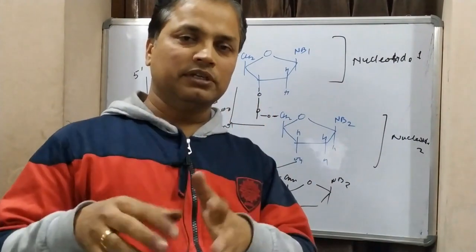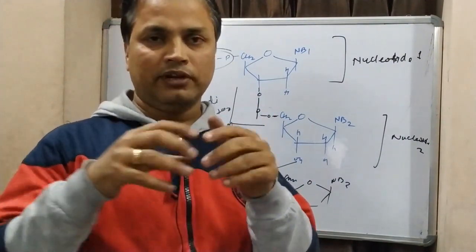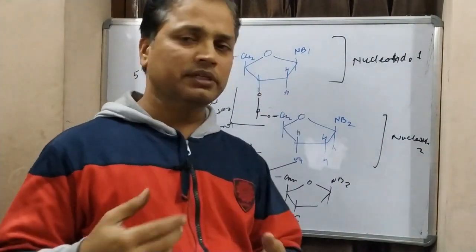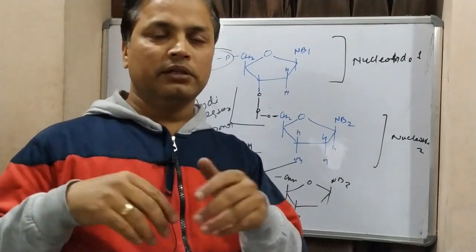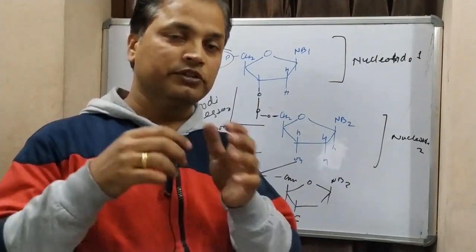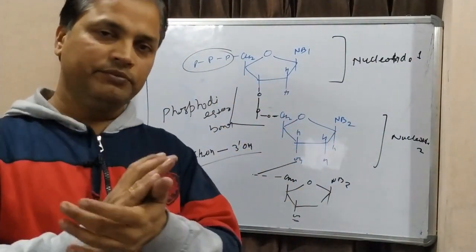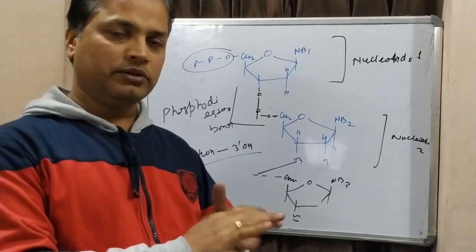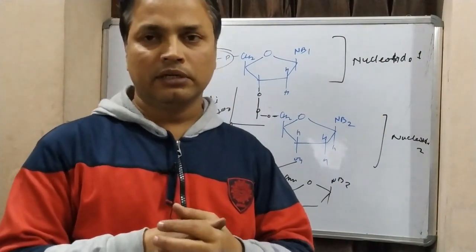We will see the Watson-Crick model in the next lectures, where we will explain the structure, the postulates, and the rules, and then we will talk about the differences between the different forms of DNA. In our cells, we have different forms of DNA like A DNA, B DNA, and Z DNA. So first we will finish Watson-Crick, then we will see the different forms of DNA, and then we will go to replication and other topics.